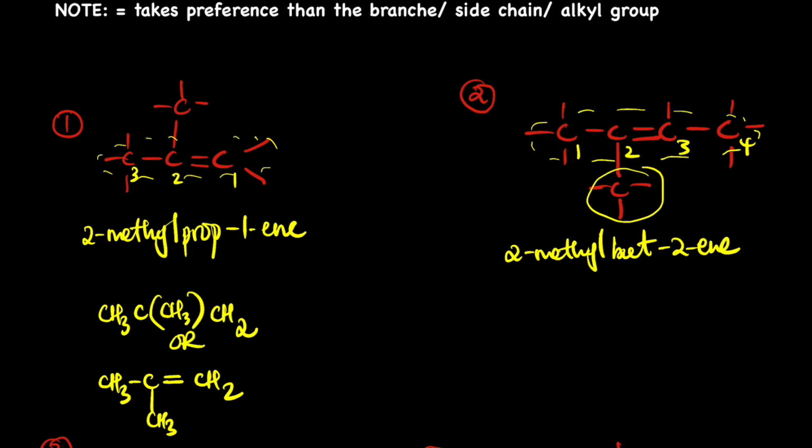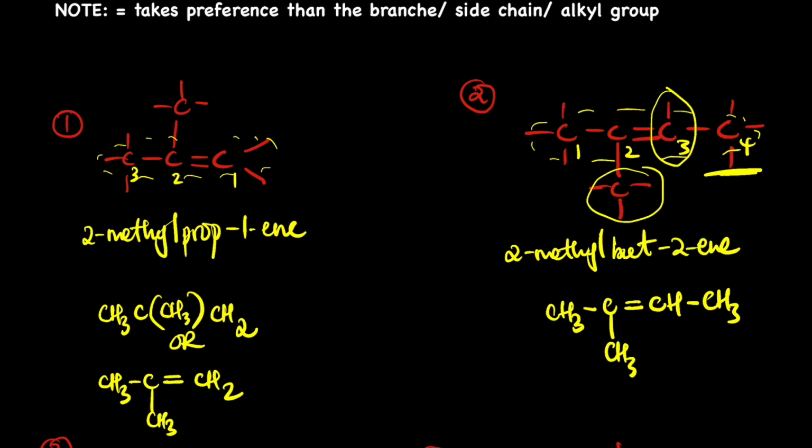And then the condensed formula, this is the last one: CH3, C, CH3. So it's the CH3, and then the bond C, and then the branch CH3, and then the double bond, and then CH, this is the CH, and then the bond CH3, this is the CH3.